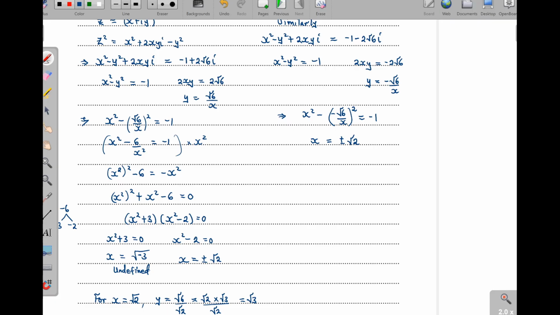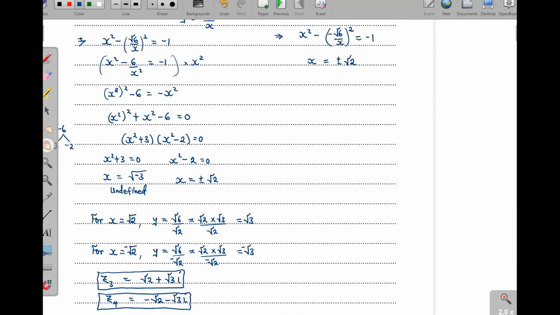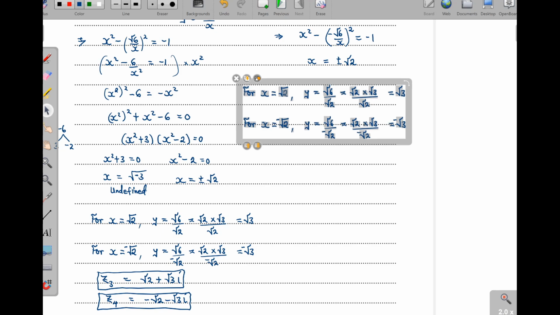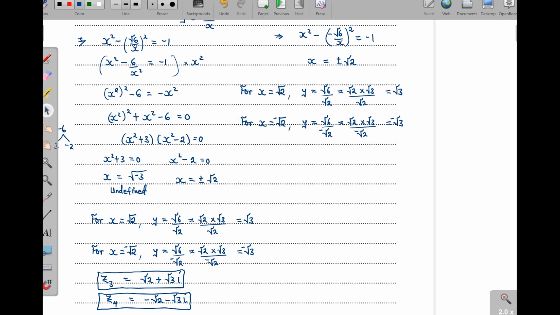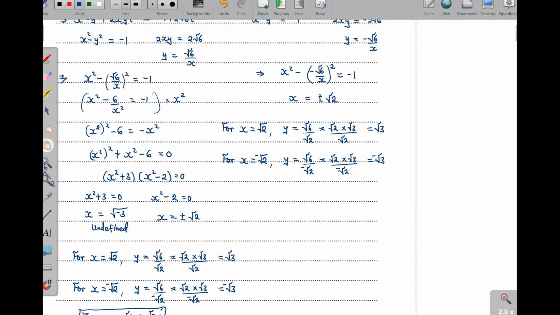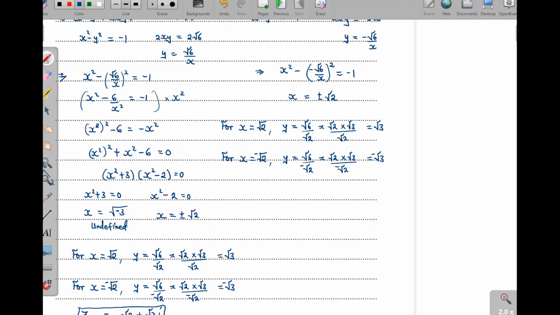Then what will be y? Your y, again, you will say, let us take this, just duplicate it and put it here. You will say for y, for x which is equal to root of 2, then y, remember there is a minus here. So a minus here, minus, and this will be a minus here. Then when this one is a minus, remember there is a minus here.